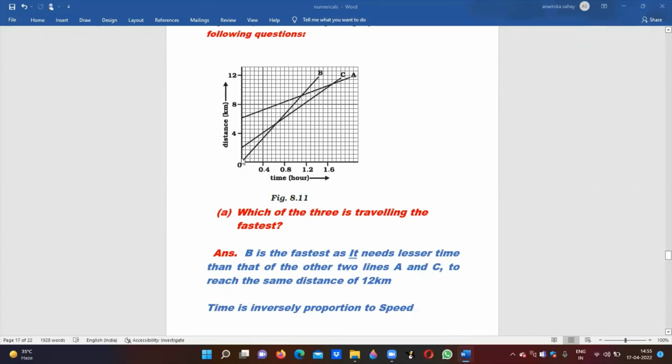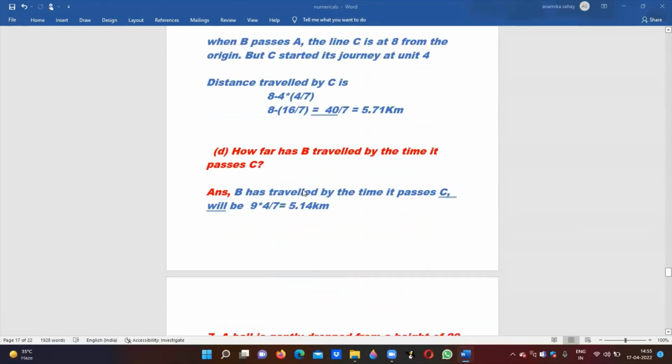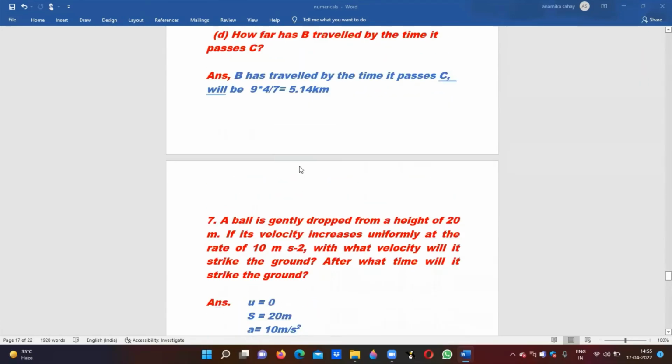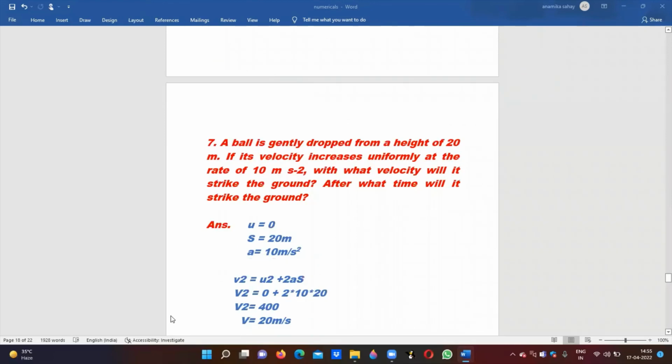We will count these unit boxes, there are 7, 8. So the distance is 4 by 7 into 9.